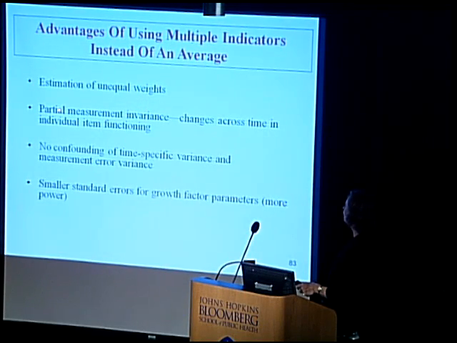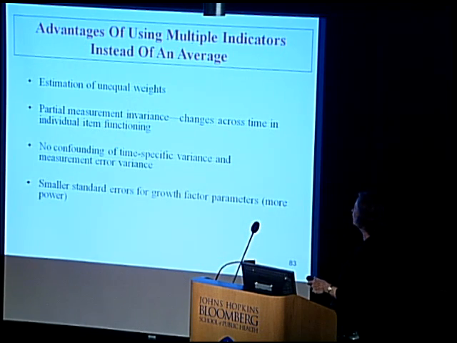Another thing is that when you are testing for measurement invariance across time, it is possible that you will find that you actually have partial measurement invariance. And without keeping the multiple indicators, you would not be able to specify that you have partial measurement invariance.